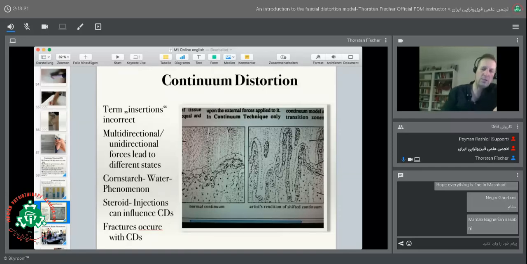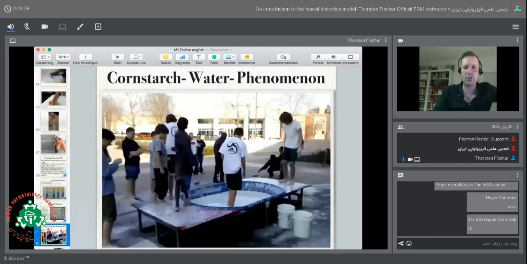So Dr. Tupaidos had a very, very nice analogy for the continuum distortion. It's the cornstarch water phenomenon, when you buy cornstarch in a shop. I tried to show it in the seminar in Tehran. I asked Sarah, the secretary of the Tehran University for Medical Science, to buy this, and it was very hard to find in Tehran.